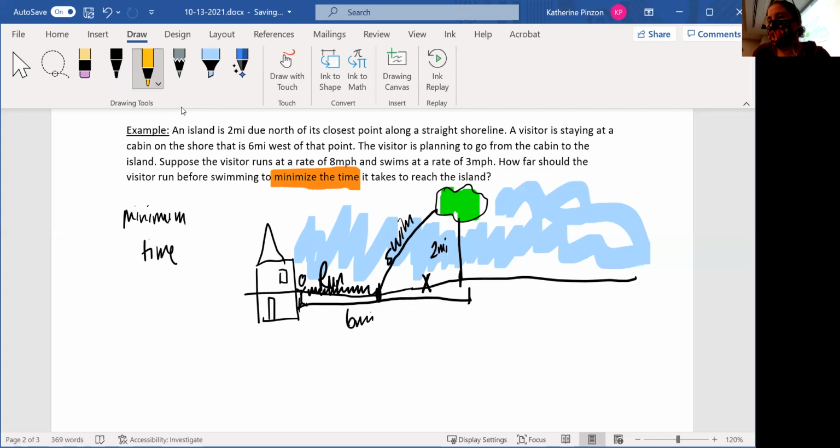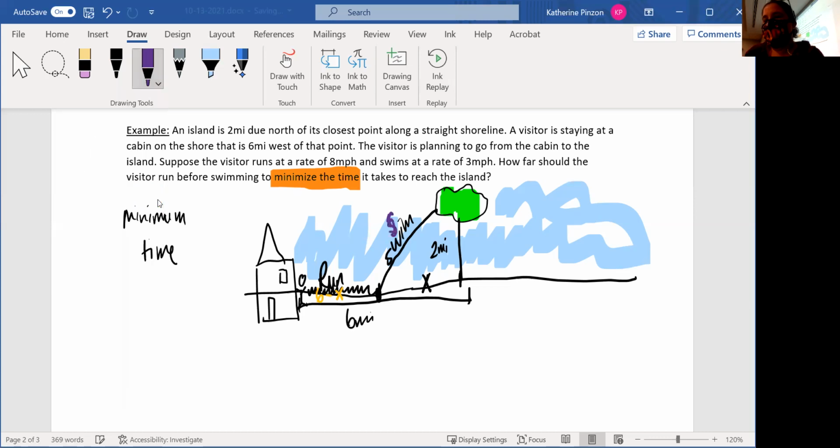It's 6 minus X miles. So the distance that they run is 6 minus X miles. And the distance that they swim, I don't know what it is, let's call it S.